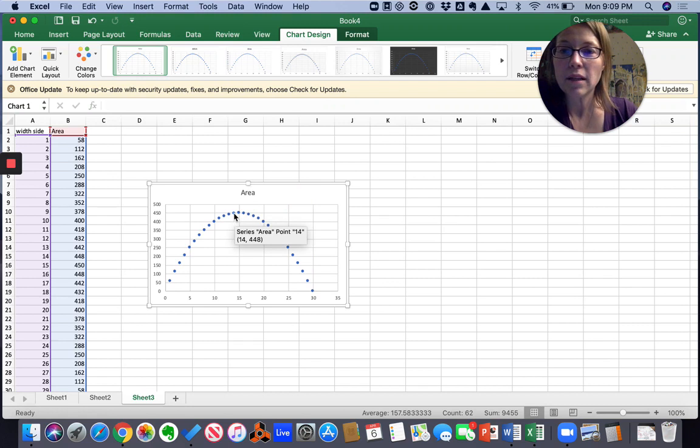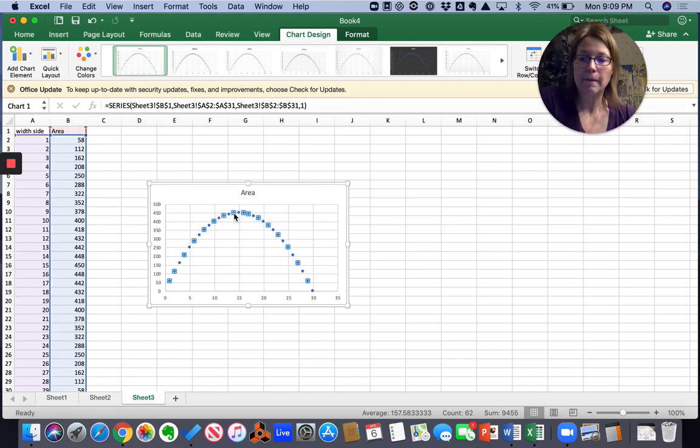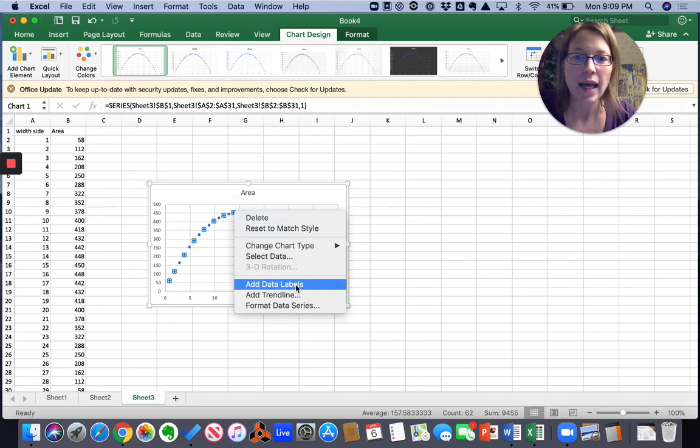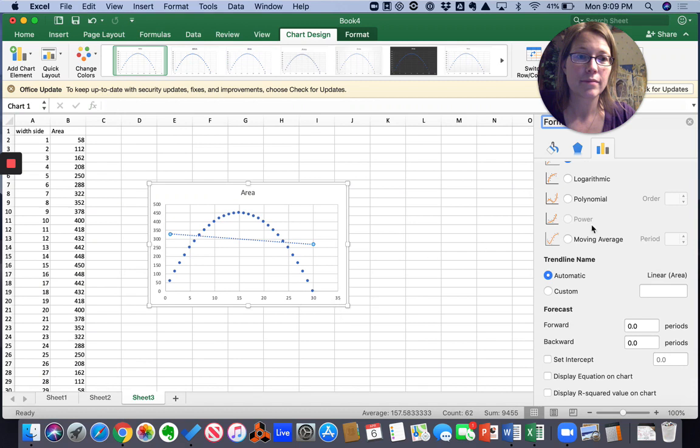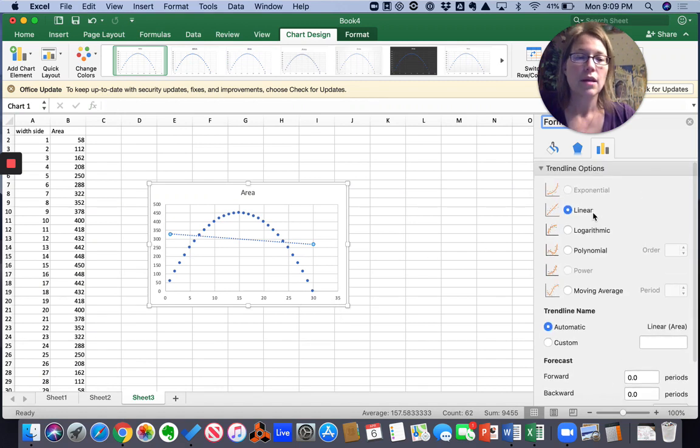I'm going to click on one of the data points, right click and add a trend line. Now, what Excel is doing is mathematically figuring what line comes the closest to all of these points, like it's going through the middle of the cloud of points the best. This is the best fit line.